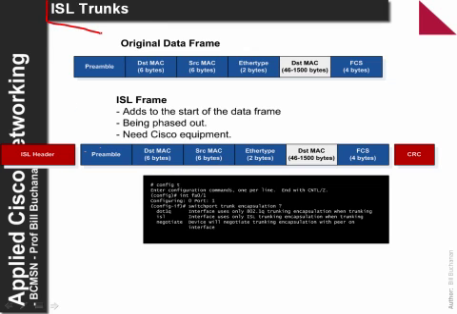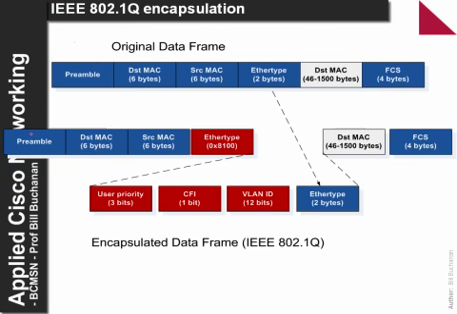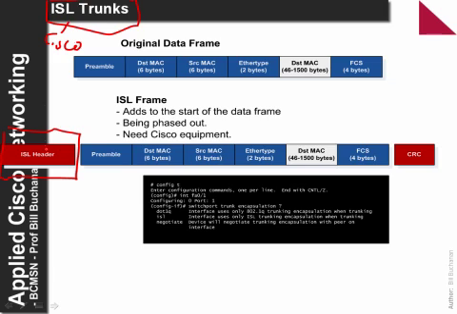Another method is an ISL trunk, and this is less used these days because this is a Cisco derived protocol and it doesn't embed into the Ethernet frame as 1Q does, but it adds an extra header.